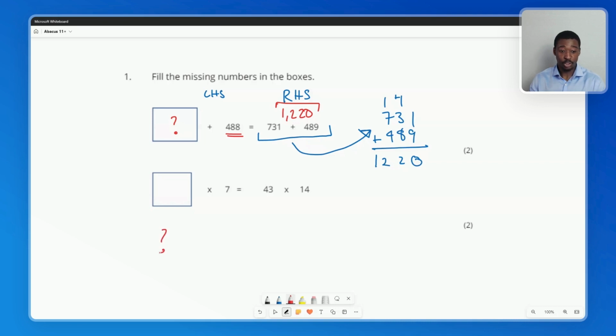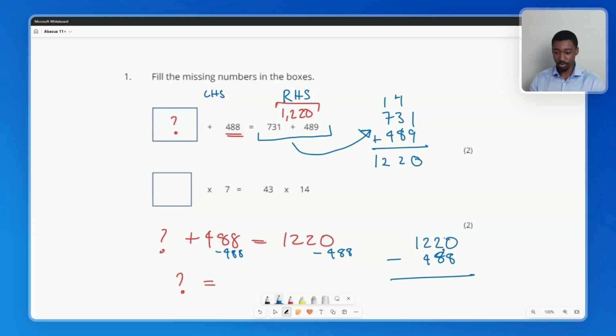Essentially, we have question mark plus 488 equals 1220. So we want to end up with question mark equals something. We want question mark on its own. And to do that, we subtract 488 from both sides of the equation, the left-hand side and the right-hand side. So we take our 1220, we subtract 488.